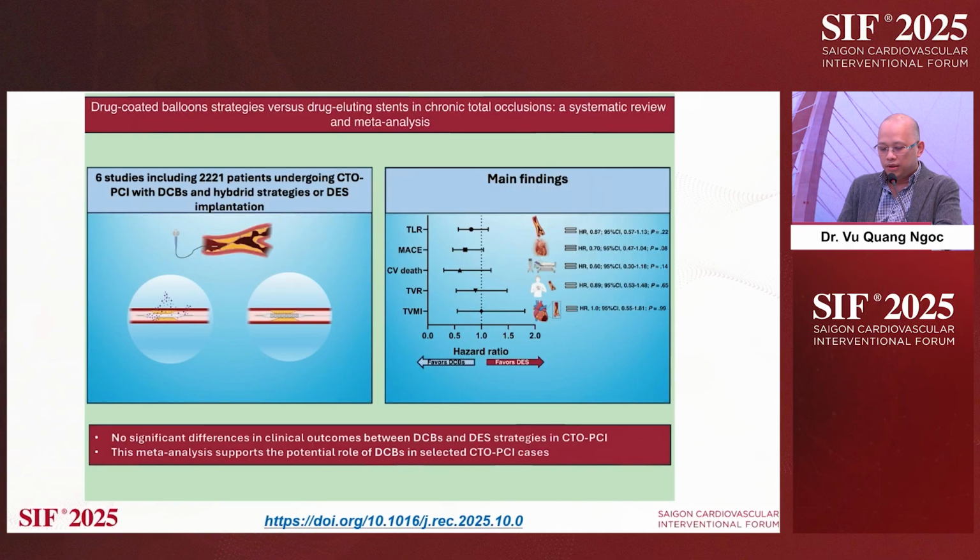They concluded that among more than 2,000 patients undergoing CTO PCI, comparing the DCB hybrid strategy to the DES strategy, there is no significant difference in clinical outcomes. So this is quite promising data that we can apply to our daily practice for these complicated lesions as well.